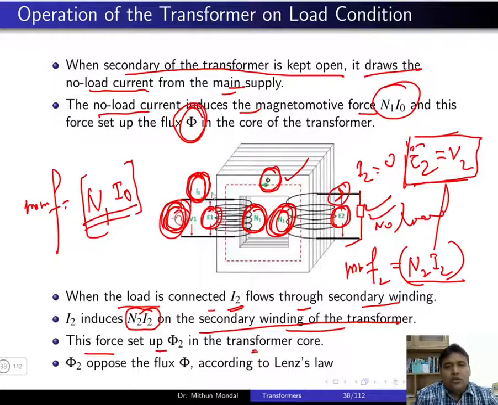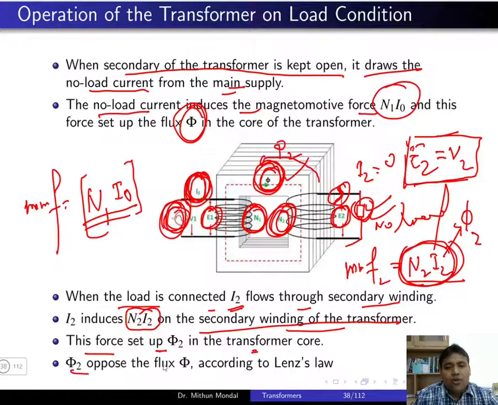Now, understand that due to the current I naught, a flux has been produced in the core. However, due to the load, which led to the flow of the current I2, there is an MMF N2 into I2. This N2 into I2 will lead to a flux phi 2 which will oppose the main flux.